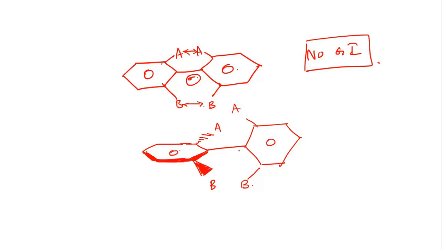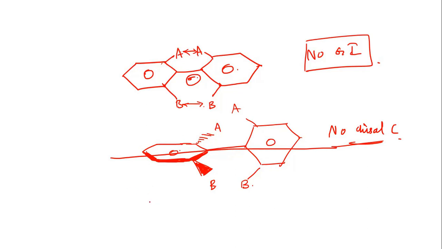Chiral carbon? No chiral carbon. Everybody is sp2 hybridized, so no chiral carbon. We don't care about chiral carbon, we care about plane of symmetry. Let's cut it in the horizontal plane. When we cut it in the horizontal plane, we cut this benzene into two layers, one above and one below, and this one into two halves, one upper and one lower.